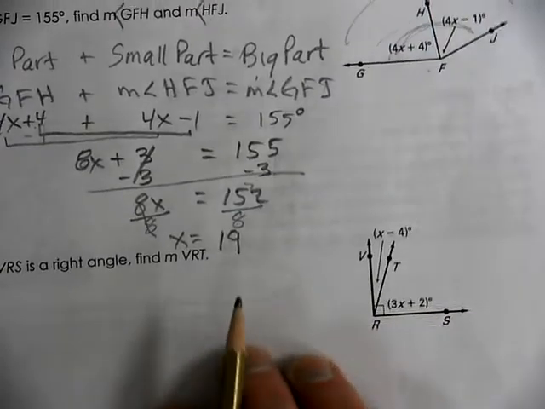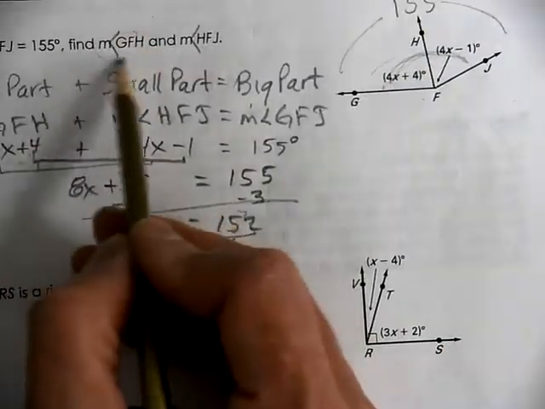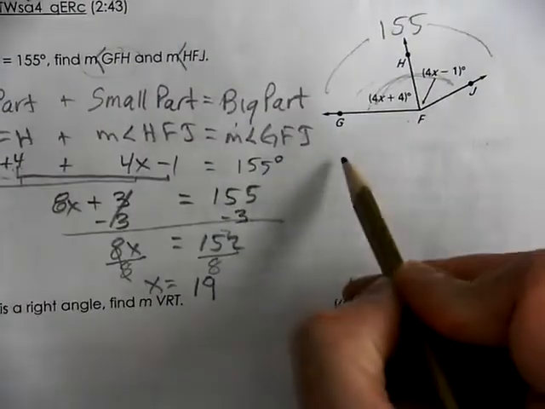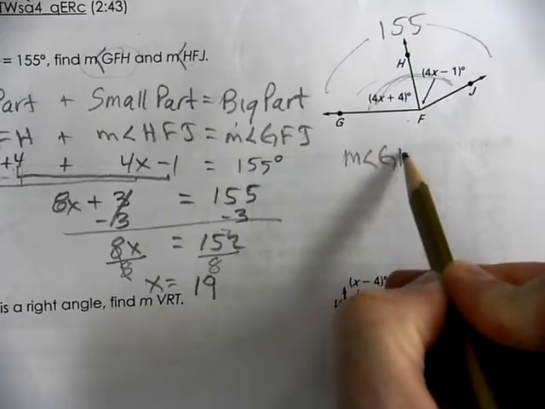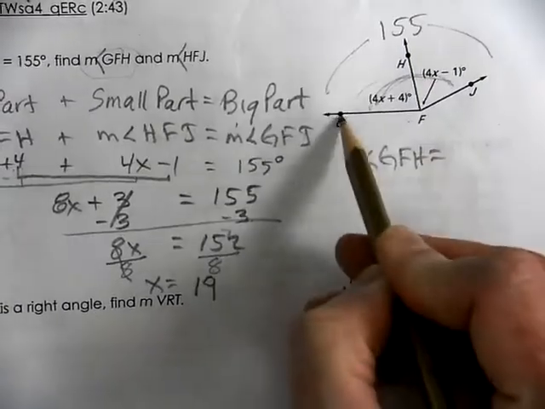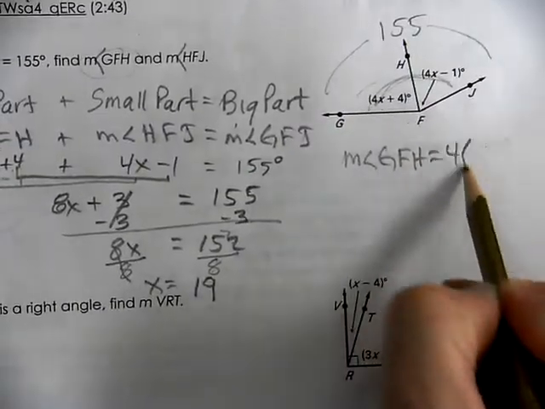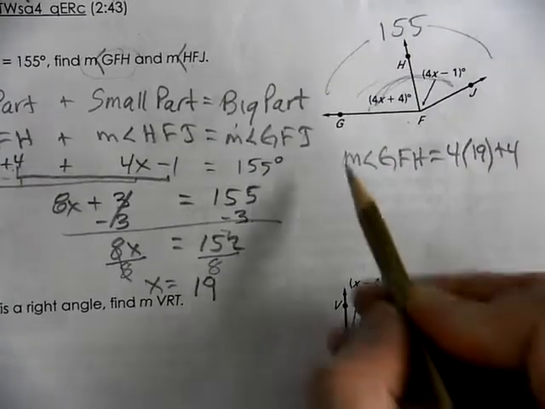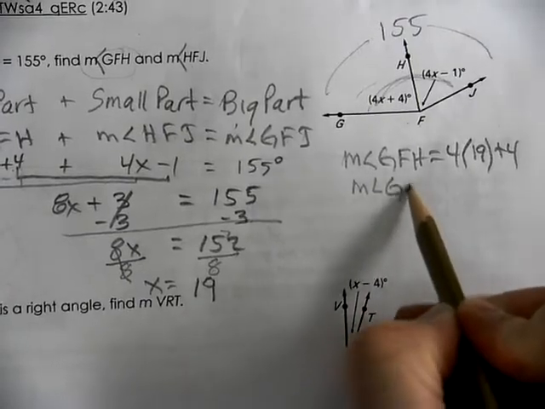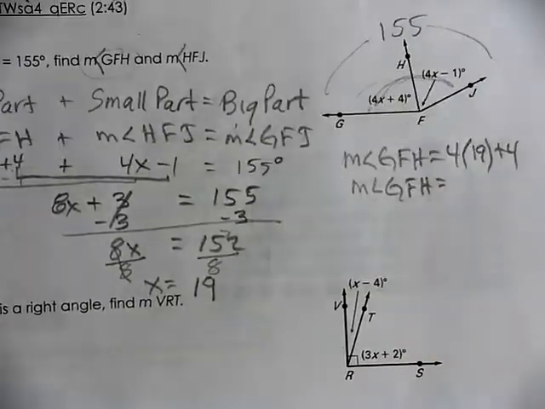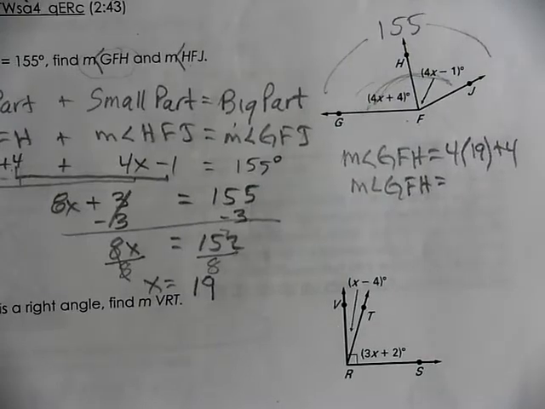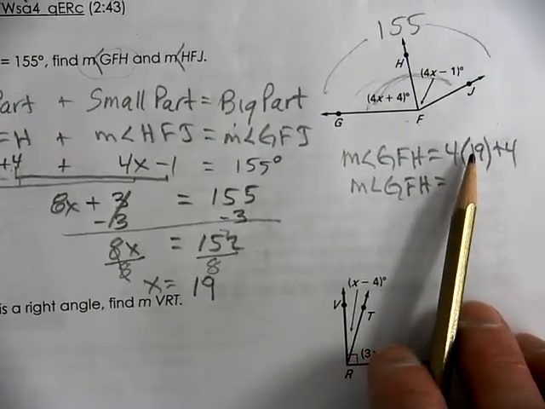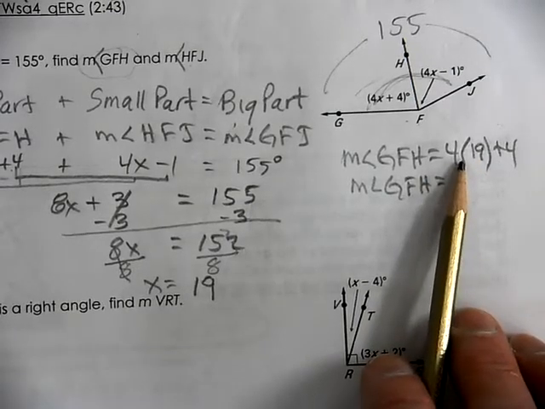So x is 19. Now we're supposed to find the measurement of angle GFH. So GFH is 4x, so that's 4 times 19, plus 4 more. Well, again, I'm not sure what 19 times 4 is. But I do know that 4 times 20 is 80.